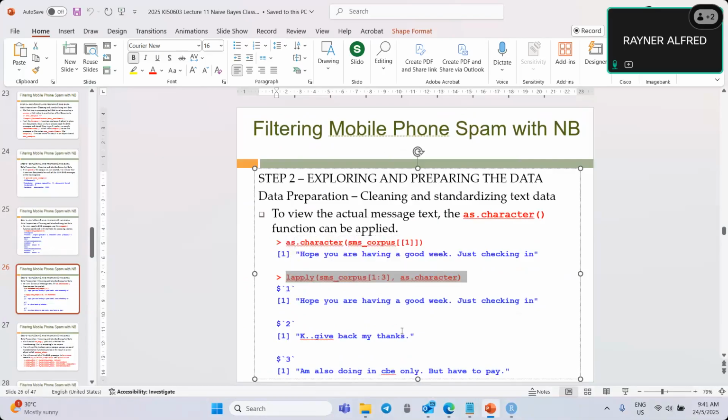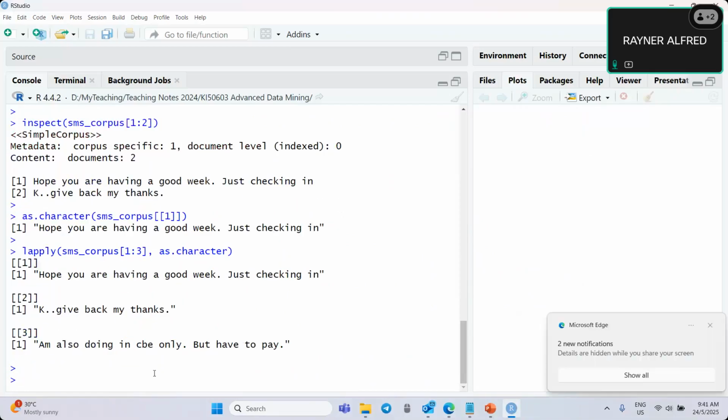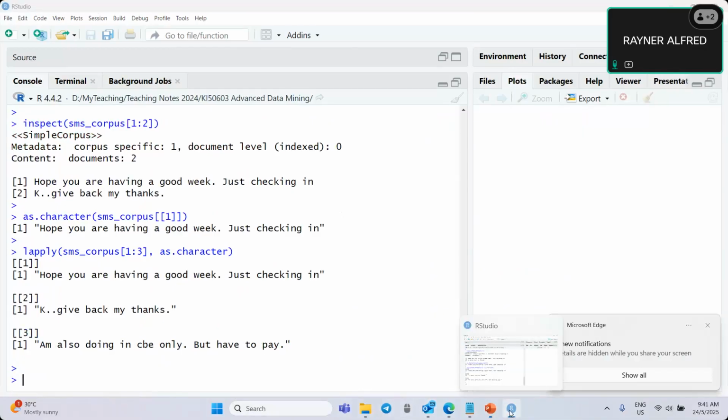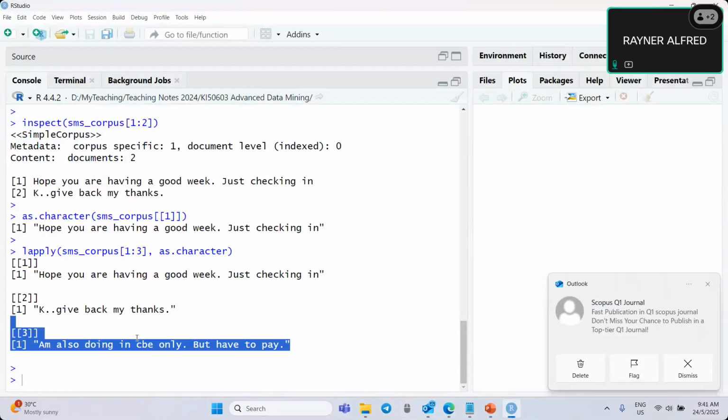We can also repeat this, applying this function listing all the characters for rows 1 up to 3, so 3 rows. These are samples of the SMS text that we have.